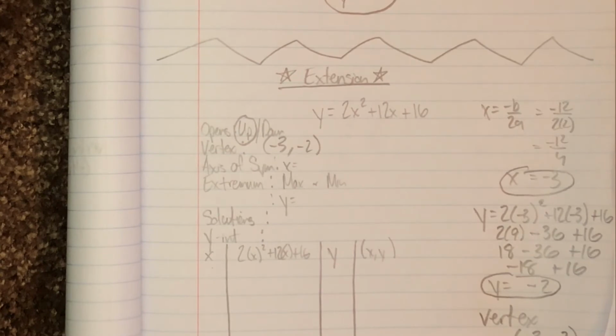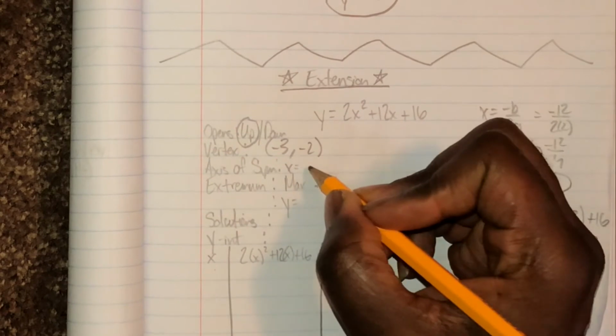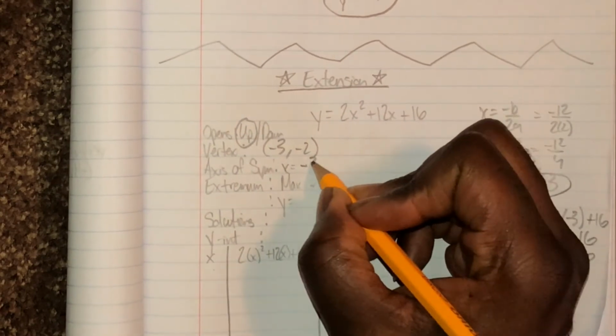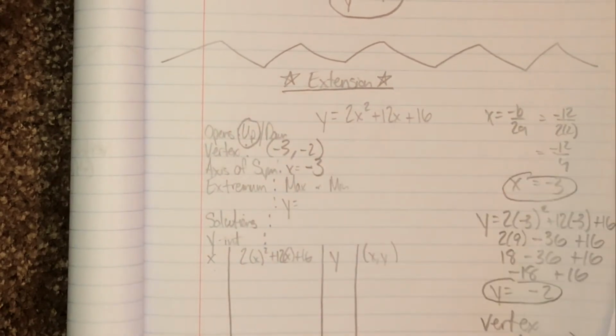So whatever my x value is for my vertex, that's gonna be my axis of symmetry. X is equal to negative 3. Okay, so we know a little more. We know it opens up. We know that the vertex is at negative 3, negative 2, meaning it's gonna fold in half at x equals negative 3. Okay, I can see it in my head a little bit.